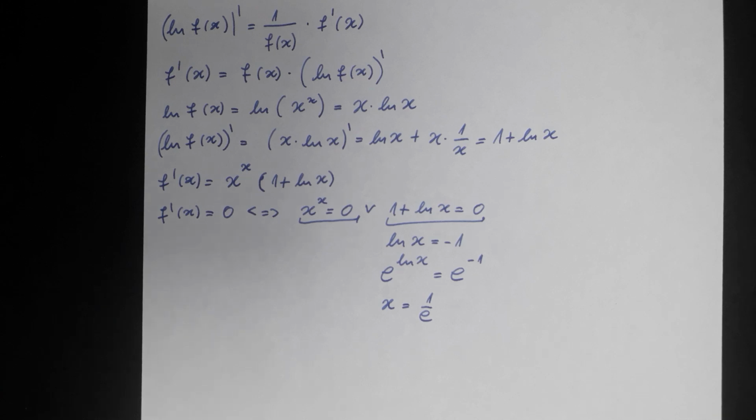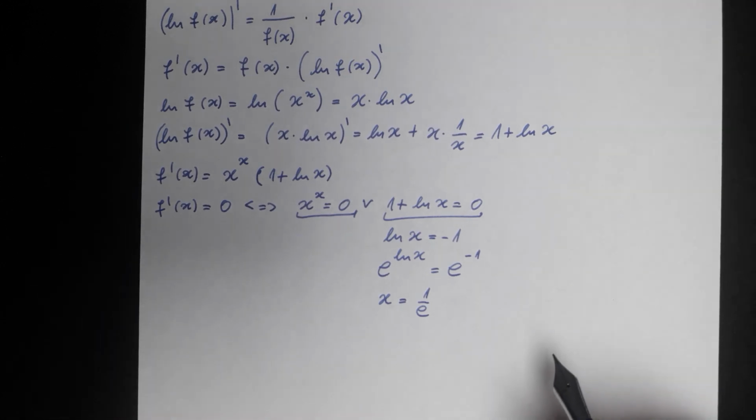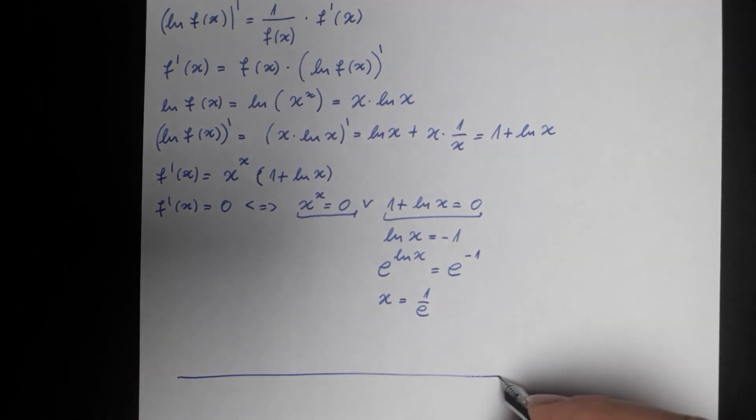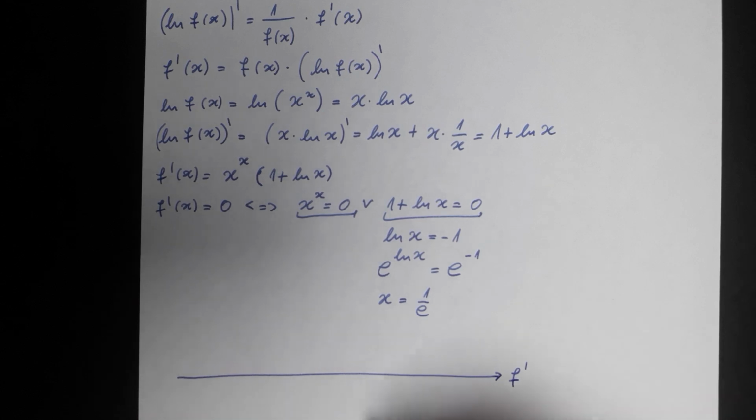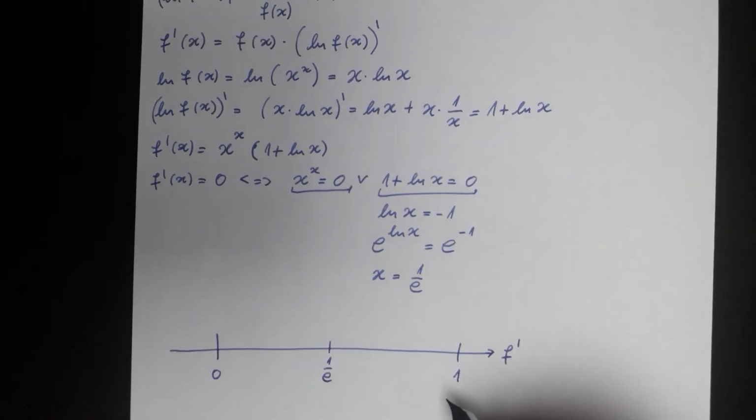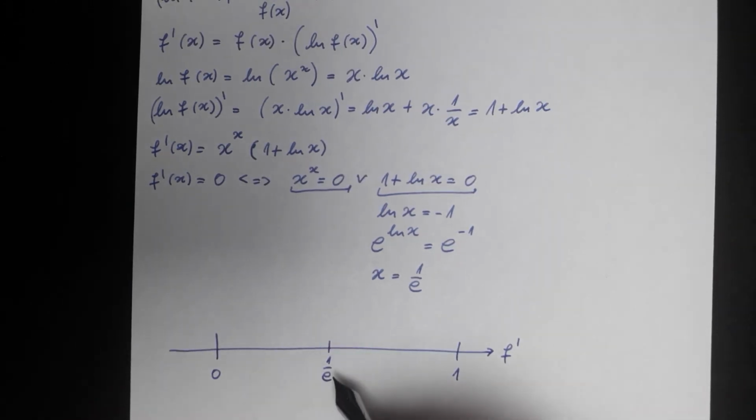So this is what the derivative of function f behaves like in the neighborhood of the dot 1 over e. We are looking at the dot 1 over e on the segment from 0 to 1. For the input from 0 to 1 over e, it gives a negative output. For the interval from 1 over e to 1, it gives a positive output.